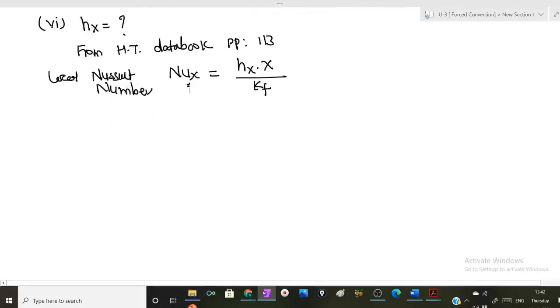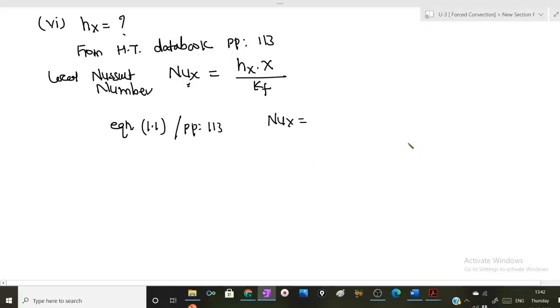Sir, the one with 0.332 RE. Yes, that is 1.1. Correct. Because other formulae are not applicable either for liquid metals or constant heat flux boundary conditions. So this one satisfies our requirement, isn't it? So I will write here equation 1.1 and page number 113.